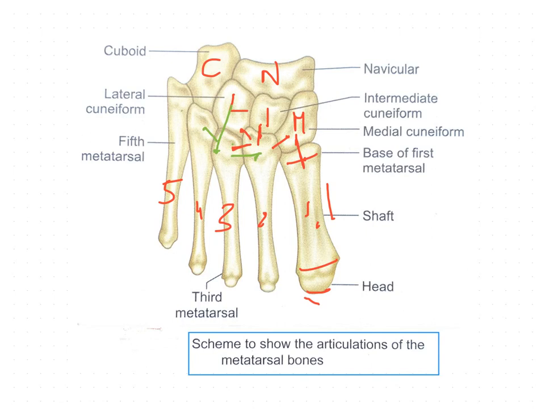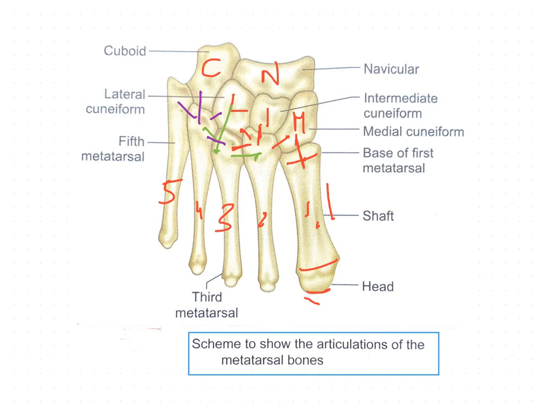Now we'll move on to the fourth one. The fourth metatarsal bone articulates proximally with the cuboid bone, medially with the lateral cuneiform as well as the base of the third metatarsal, and laterally with the base of the fifth metatarsal bone.